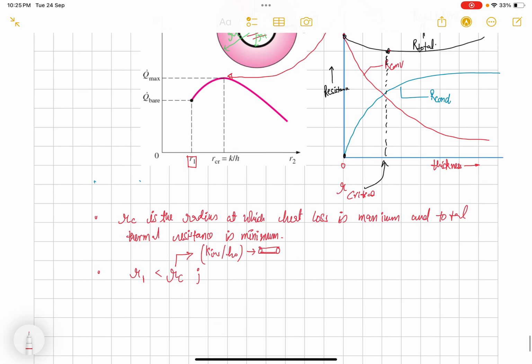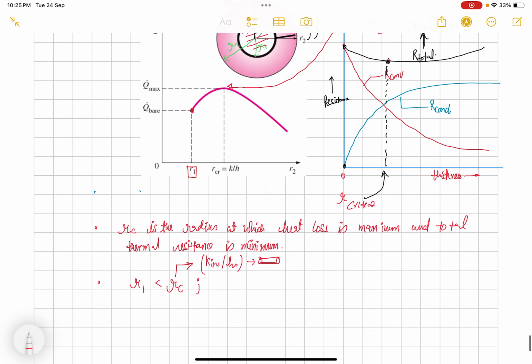Then we are here, it means our radius is less than critical radius, right? So if we keep on insulating, what will happen? First heat loss will keep on increasing until critical radius is reached. On the base material we keep on insulating, but the heat loss is increasing. But we have to reduce the heat loss.